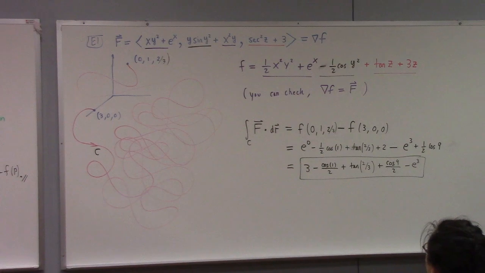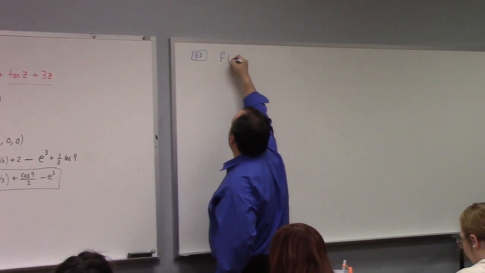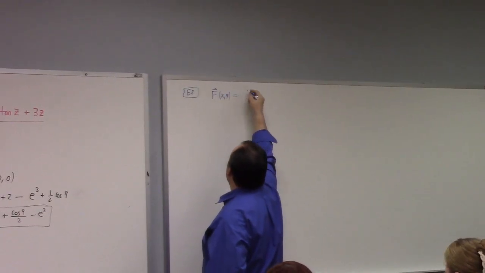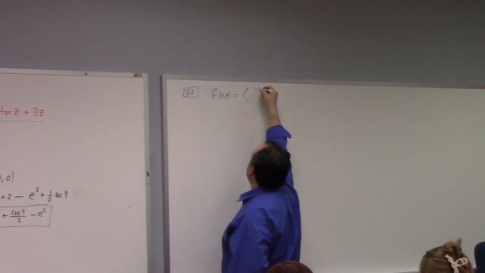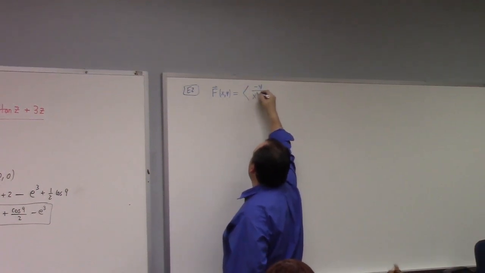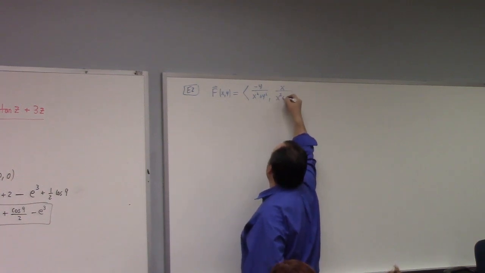For example, the one we had last time, if we look at f of x y equal to minus y over x squared plus y squared, x over x squared plus y squared.